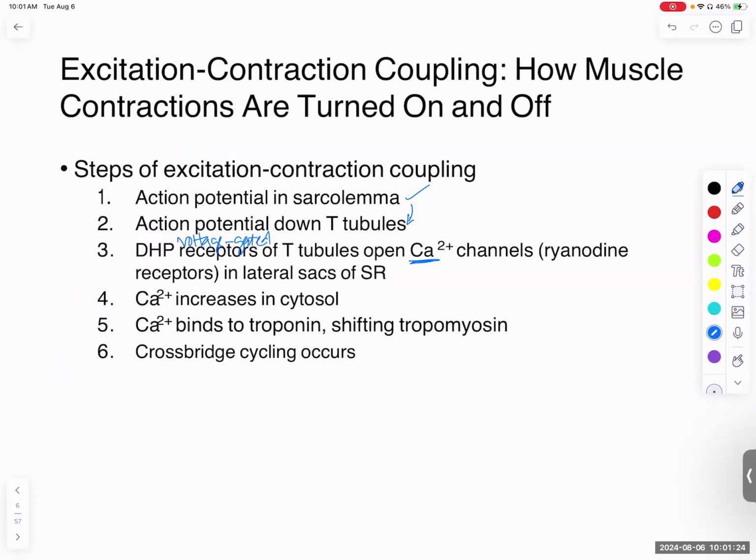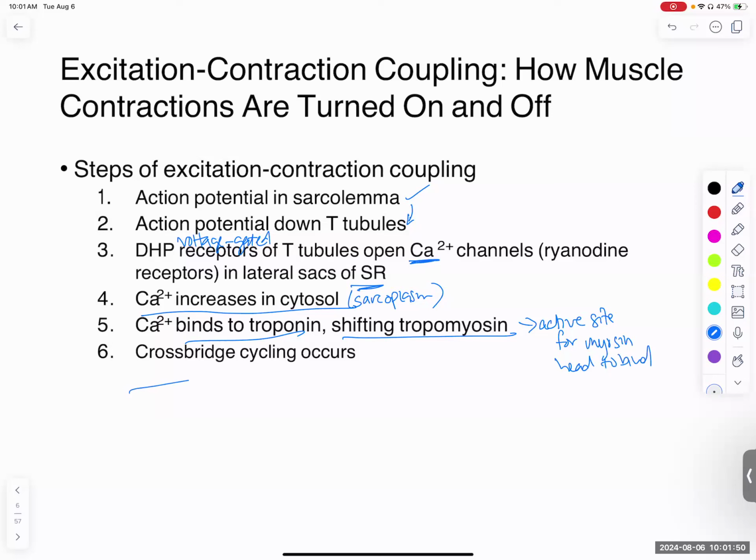So voltage gated calcium channels in the sarcoplasmic reticulum open, so calcium can be released into the cytosol or sarcoplasm. Then calcium can bind to troponin, moving tropomyosin off the active site for the myosin head to bind. Then the cross bridge cycle can occur.